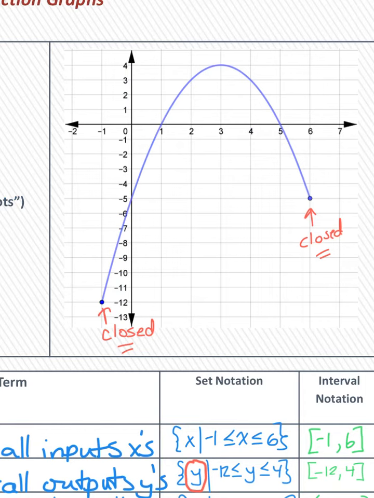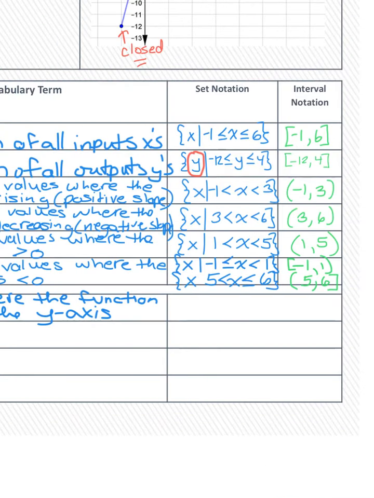On our graph, we are crossing the y-axis at y equals negative 5. It's worth noting that there's only ever going to be one y-intercept, because if we had two, it wouldn't be a function at all. You cannot have two outputs for a given input.